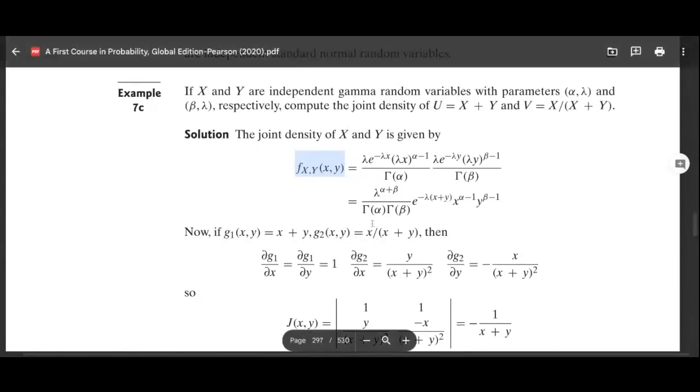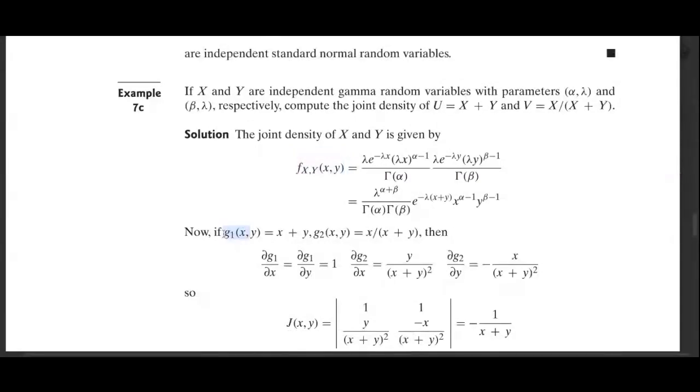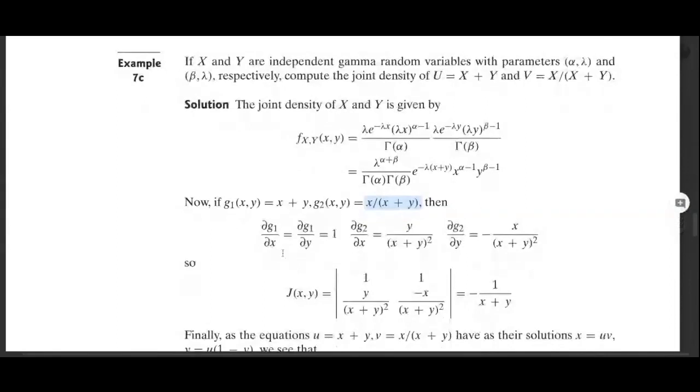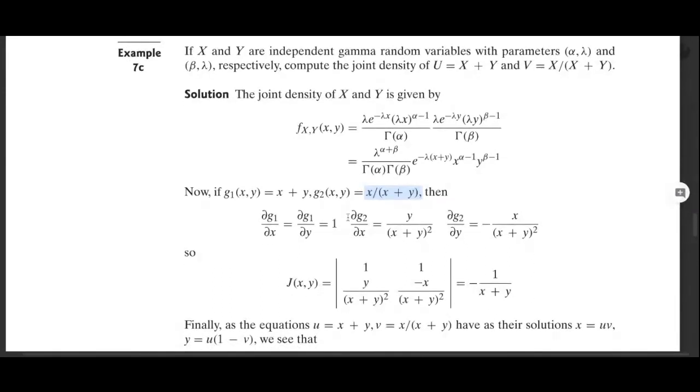We have seen this. Now, if G1 is x plus y and G2 is x divided by x plus y, then we can calculate partial G1 partial x is 1, partial G1 partial y is also 1, partial G2 partial x is y over this, partial G2 partial y is this.